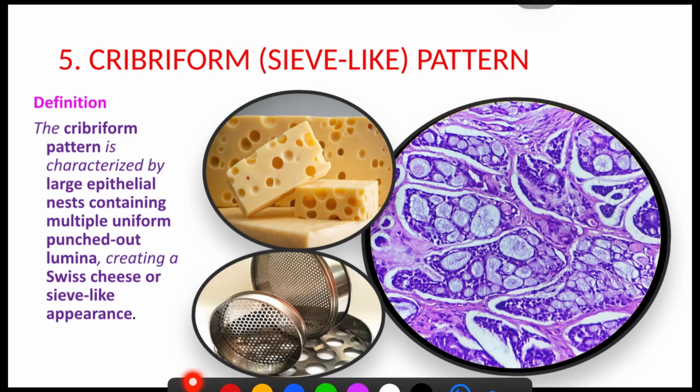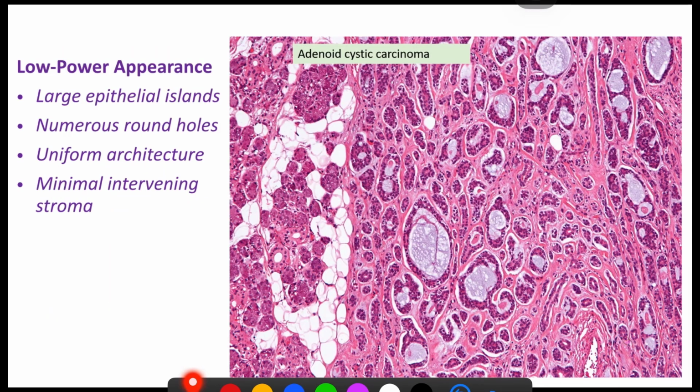A tumor is adenoid cystic carcinoma of salivary gland, where you can find multiple sharply defined punched out lumina surrounded by tumor cells, and these have a nest pattern, but the nest contains sharply punched out lumina. So this is adenoid cystic carcinoma.